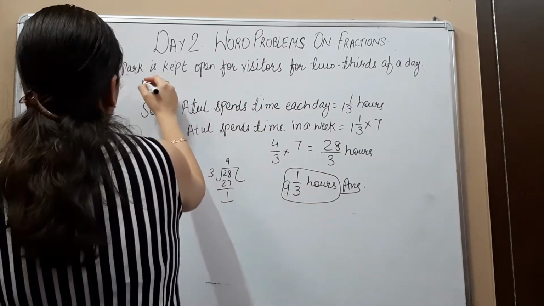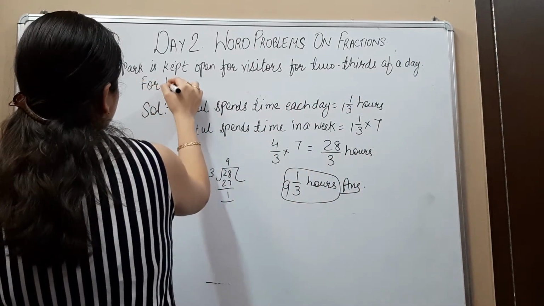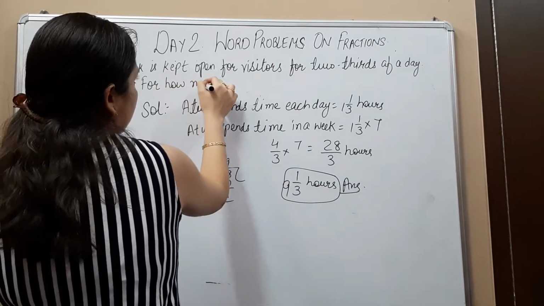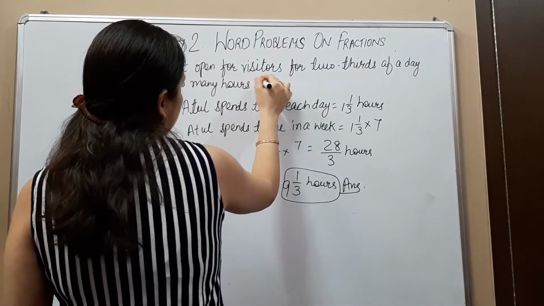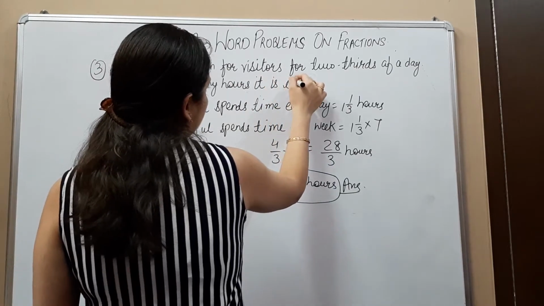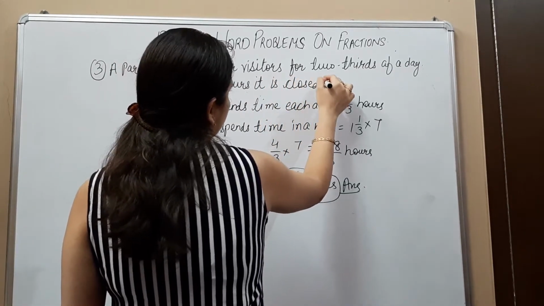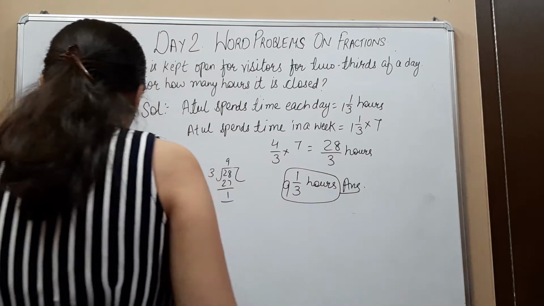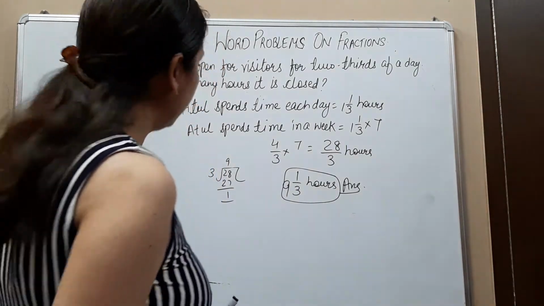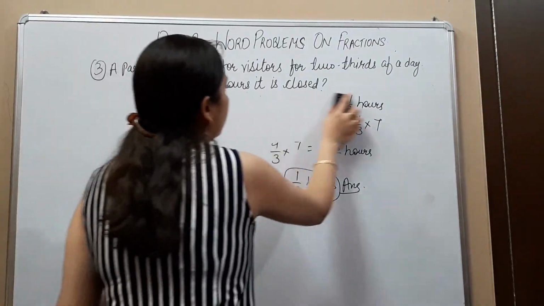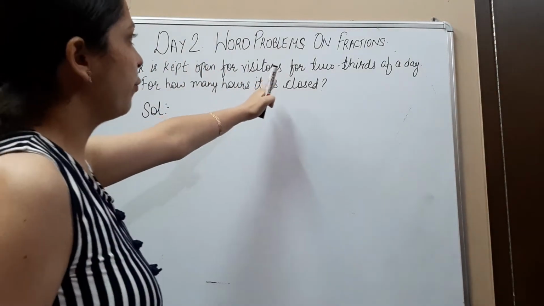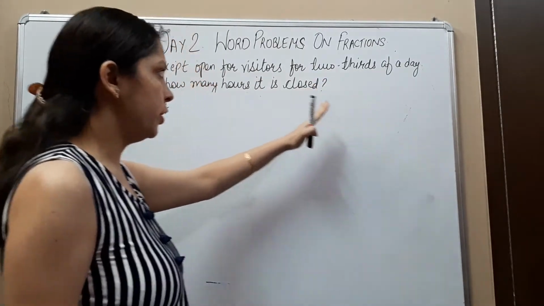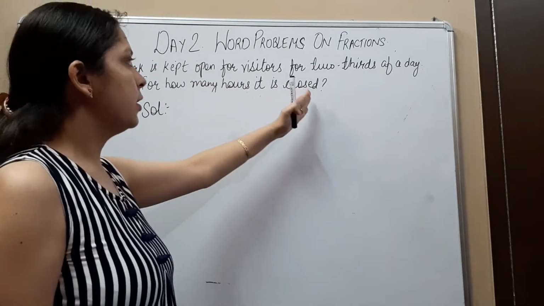For how many hours is it closed? See what the question says. The question is saying that a park is kept open for visitors for 2/3 of a day. How many hours is it closed?